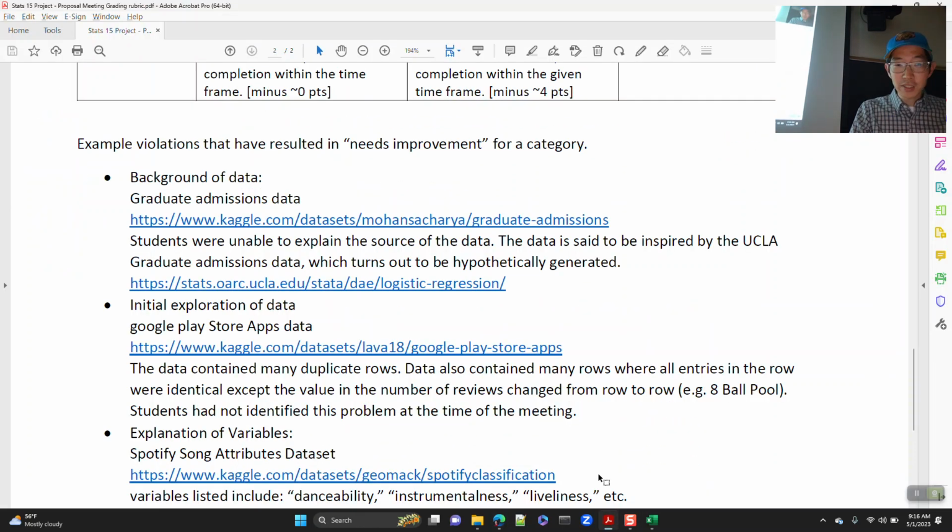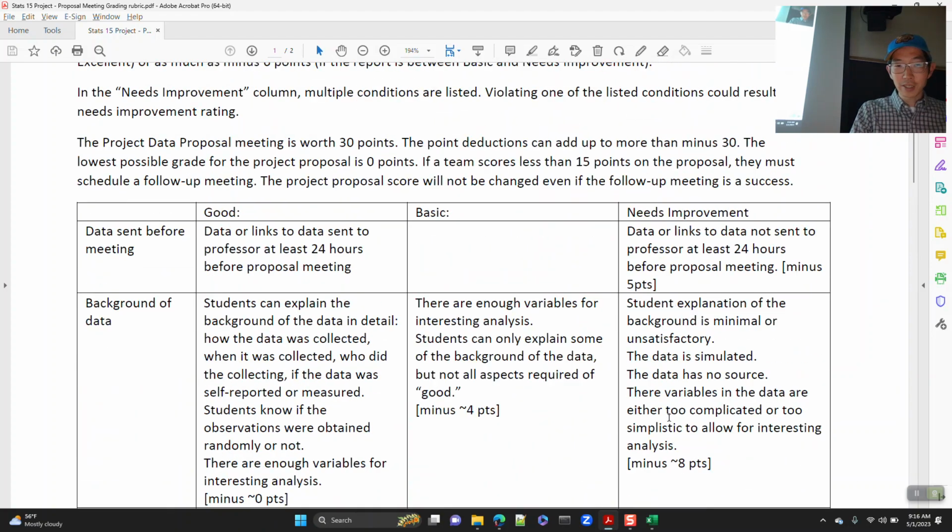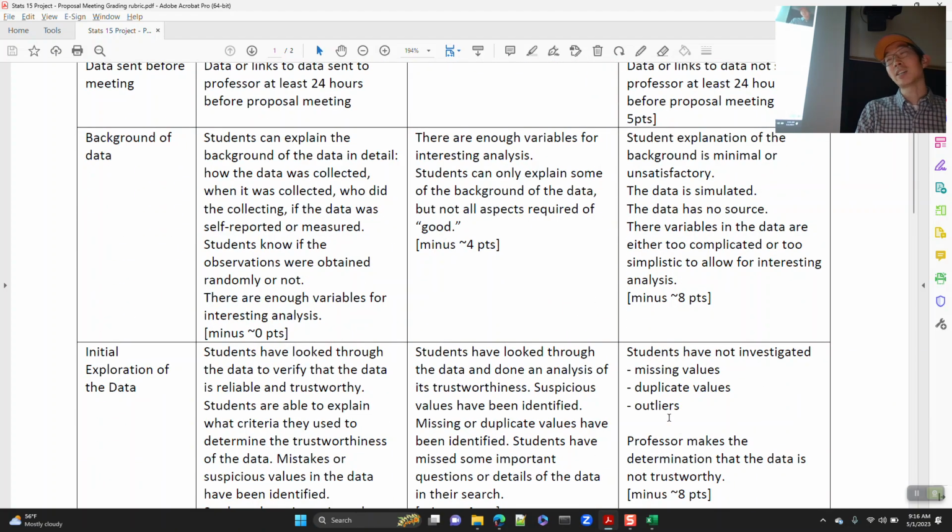What does it represent? I will not accept simulated data or hypothetical data. I want things that are actually recorded somehow, even if it's recorded from an agency or institution or whatever it is, it needs to be recorded. So that's no good.